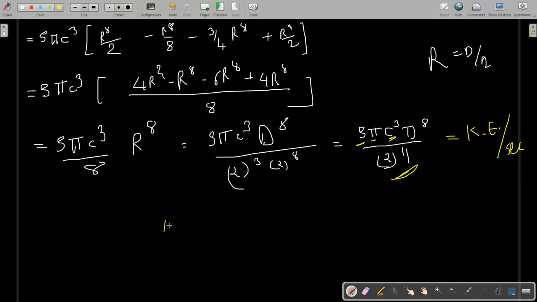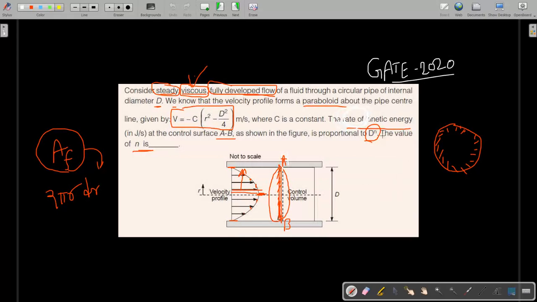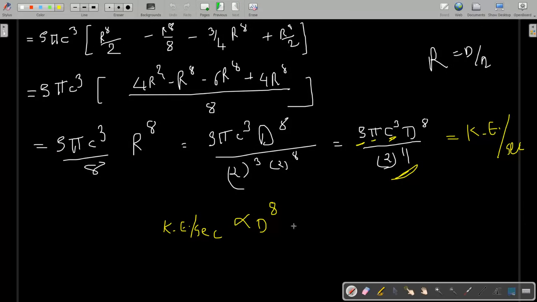So rate of kinetic energy change is proportional to D power 8, and in our question it is given that it is proportional to D power n. So compare with this D power n, you will get n is equal to 8. So this is your answer.